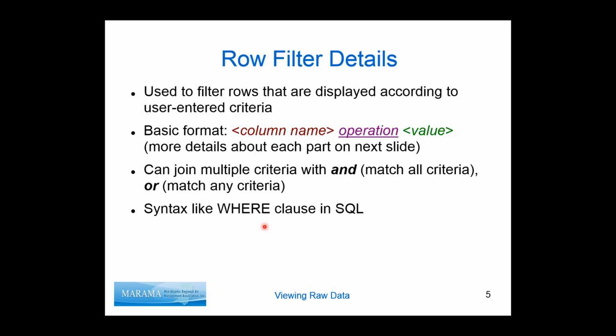The syntax is like a where clause in SQL. When you write a row filter, you really are writing part of the where clause that's going to run on the underlying data. So if you know anything about SQL, or get a chance to learn more about SQL, you'll notice that this is just like a where clause.